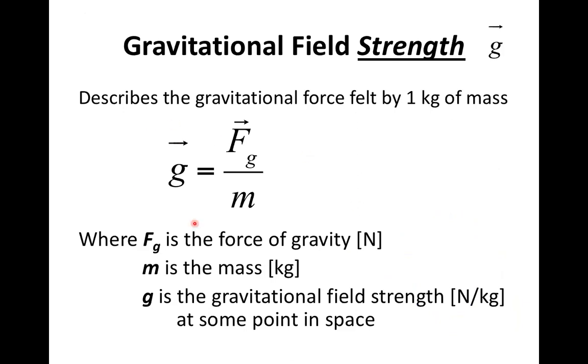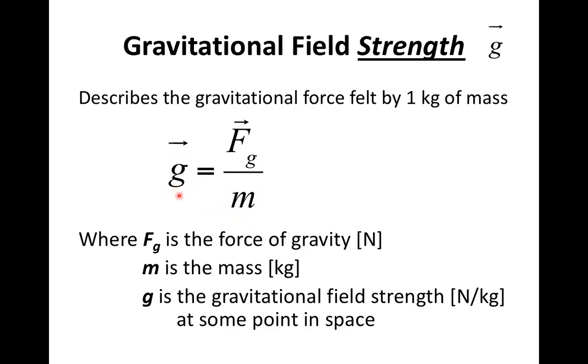So let's rearrange that Fg equation to isolate for small g, and we get the gravitational field strength, or how much force is pulling on 1 kilogram of mass. Notice the units of g are also newtons per kilogram, and those are equivalent to meters per second squared.